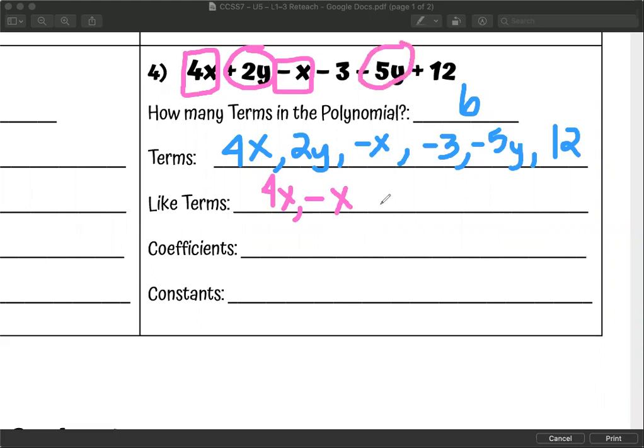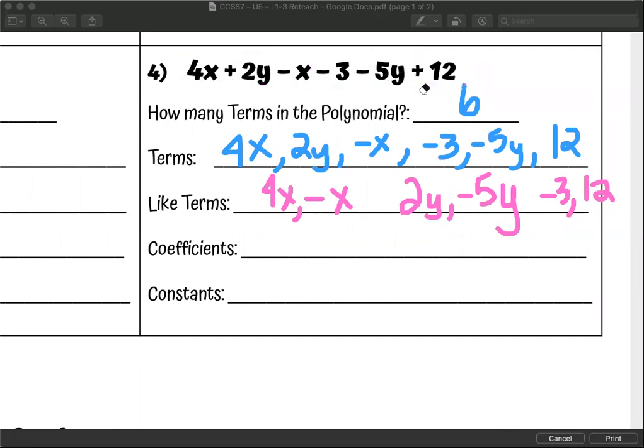We've got -5y. So positive 2y and -5y. And then our constants, just the numbers, we've got -3 and positive 12. When they're just numbers, they are also like terms. So -3, positive 12.